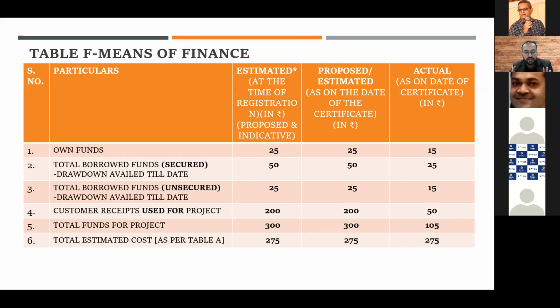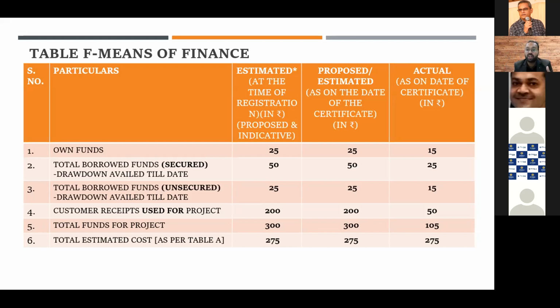See, we can definitely verify the actual, but proposed and estimated is out of our scope, and we have to depend on the representation from the developer. So here we have to mention own funds, borrowed funds, not on which is actually utilized. That needs to be mentioned.